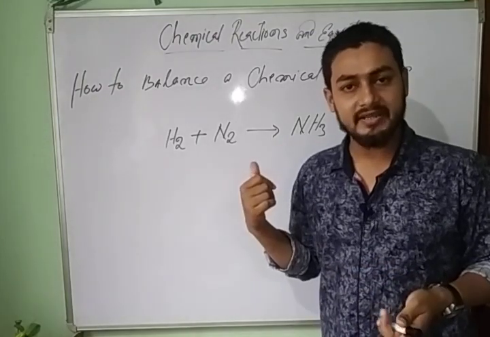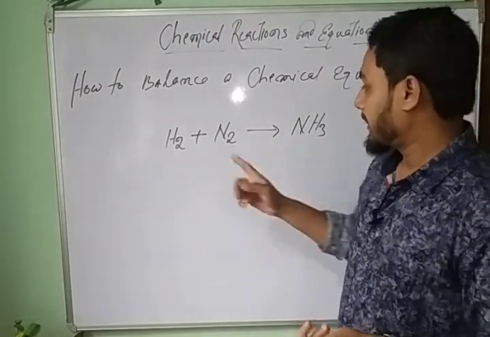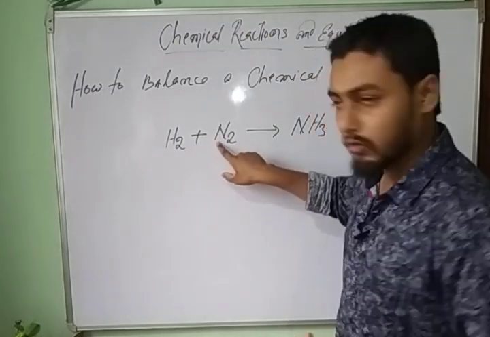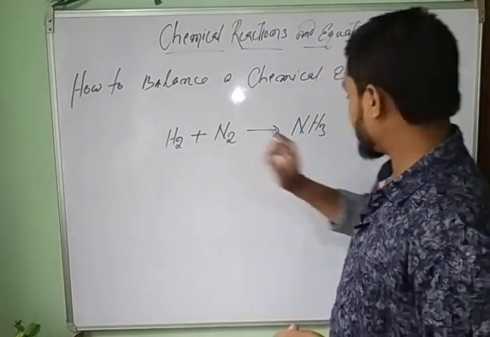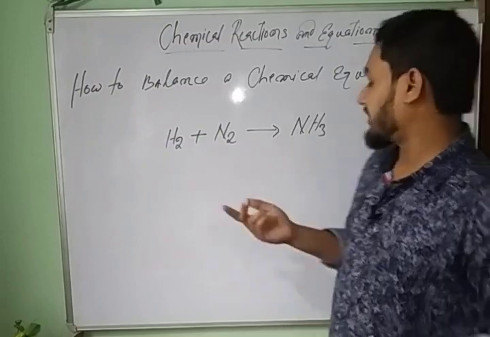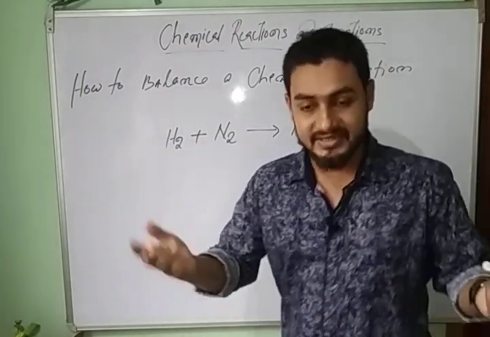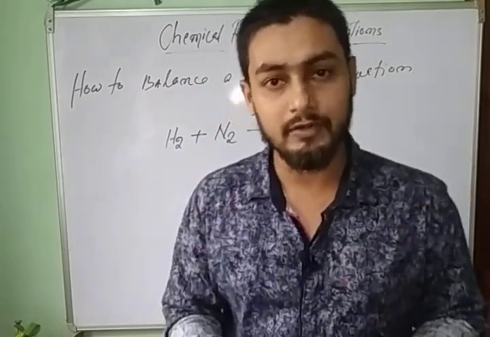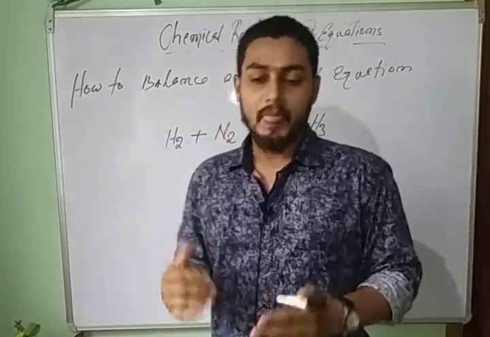Is it possible in practice? Of course not. And the number of nitrogen atoms is 2 here on the reactant side, but on the product side the number of nitrogen is reduced to 1. So is it possible practically? Of course not. That is why it is necessary to balance a chemical equation.